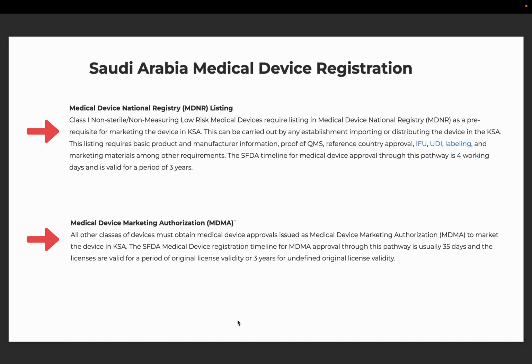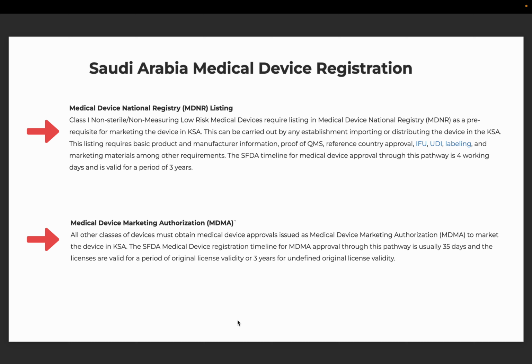The timeline to meet this pathway is usually 4 working days and is valid for a period of 3 years once it has been issued by the SFDA. The second regulatory pathway is to get the MDMA, Medical Device Marketing Authorization.